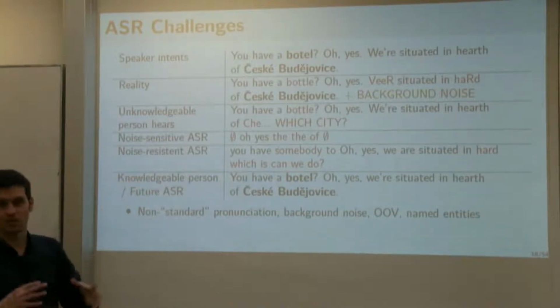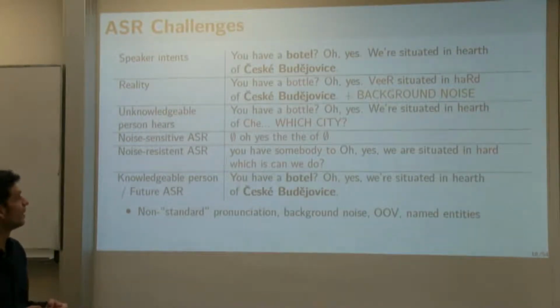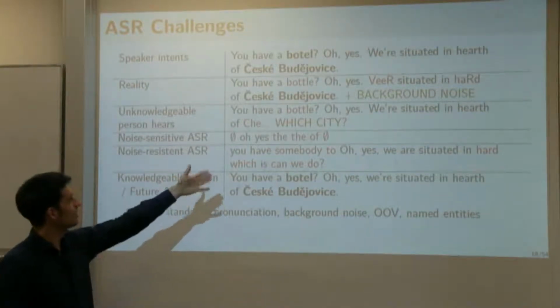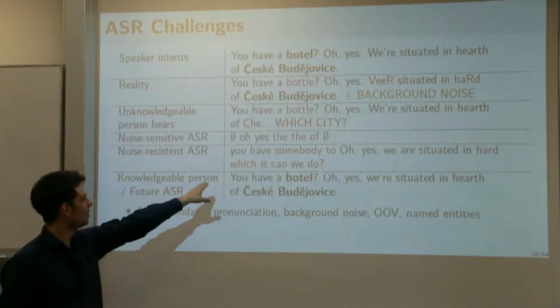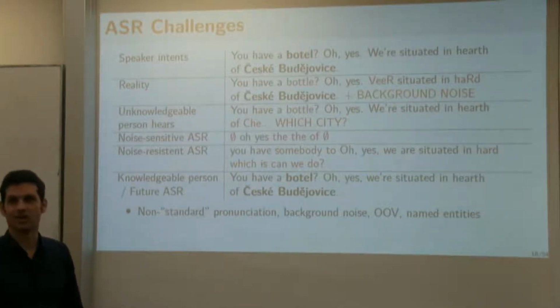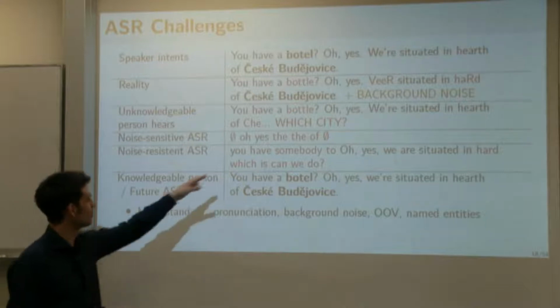If the noise would be somehow cancelled, or if the system would be resilient to that, then it would have recognized something like, "You have somebody too" instead of the bottle. "Oh yes, we're situated in heart." České Budějovice is not in the vocabulary of the ASR system, and that would fail.